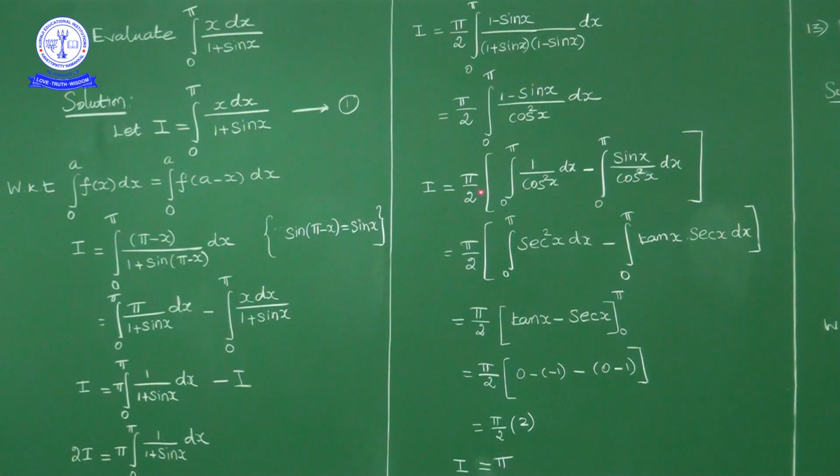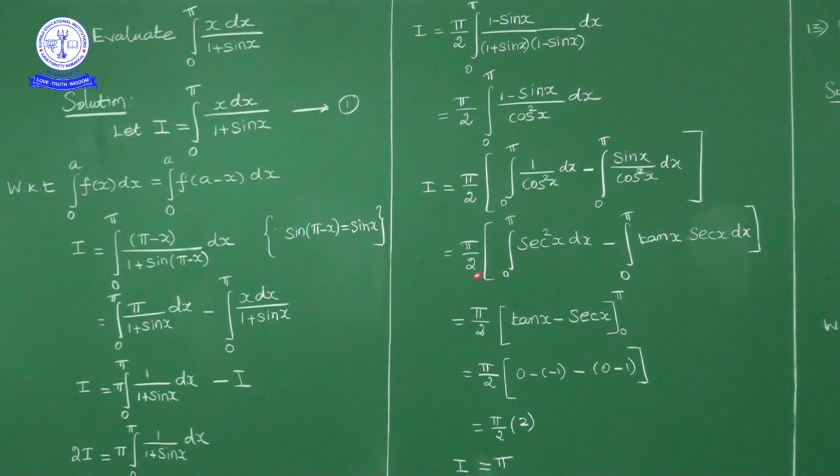Pi by 2 common, integral 0 to pi 1 by cos square x dx minus integral 0 to pi sin x by cos square x dx. Okay, 1 by cos square x is what? Secant square x. Okay. Now here sin x by cos square x we can write as sin x by cos x into 1 by cos x. So sin by cos is tan x into 1 by cos is secant x.